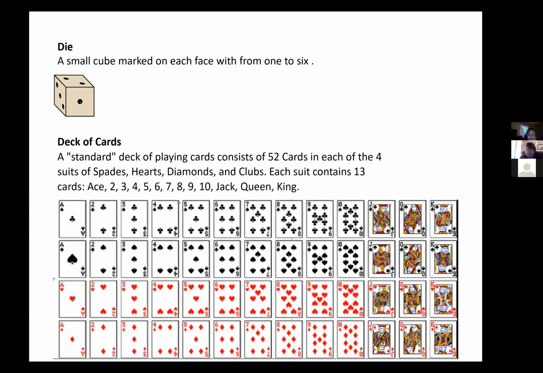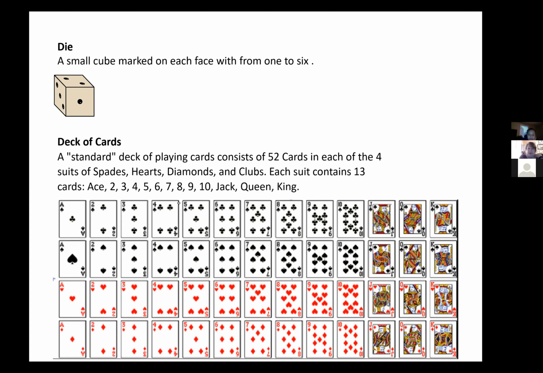A cube has 6 sides. Each side has a number on it. We start with the number 1 and we go to 6. So when you roll a single die, one of 6 values can come up: a 1, a 2, a 3, a 4, a 5, or a 6.